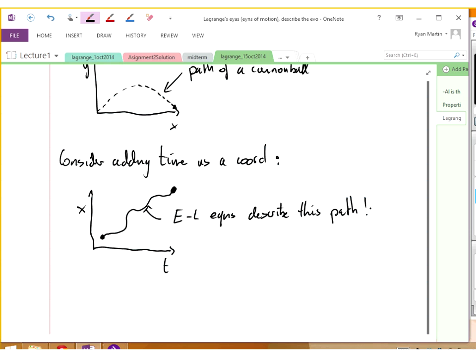So in the top plot where I have the cannonball, the path of the system is still dictated by the initial conditions. And there are multiple possible paths for the system that it can take in the coordinate system. But as soon as you add t, then there's only one path it can take.